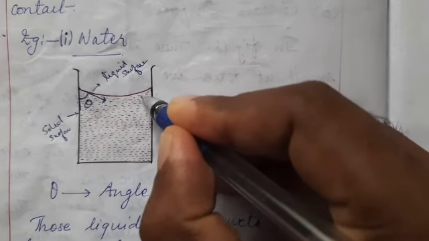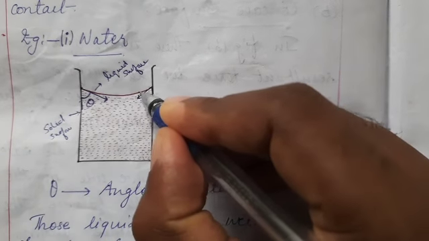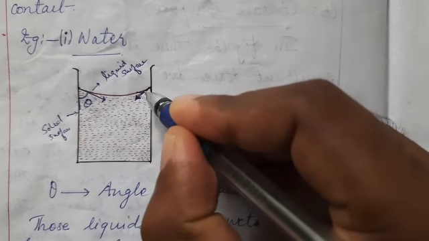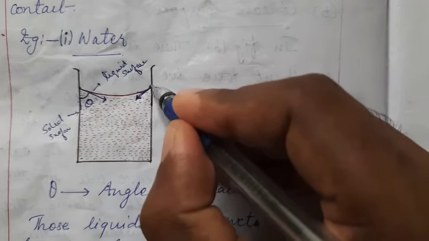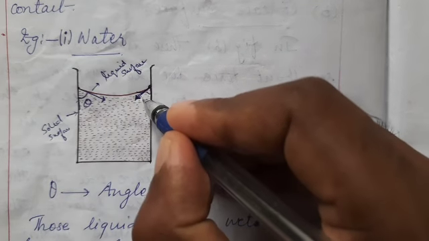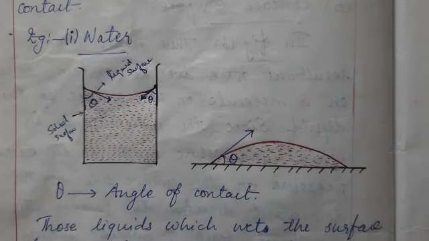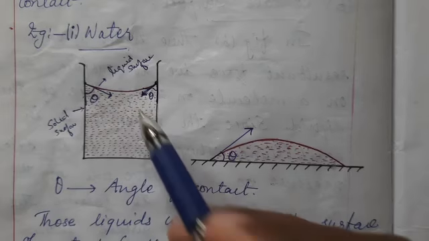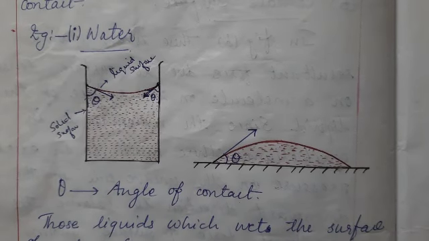So the angle between the tangent to the liquid surface at the point of contact and the solid surface inside the liquid is called the angle of contact. This angle of contact can be acute or it can be obtuse.